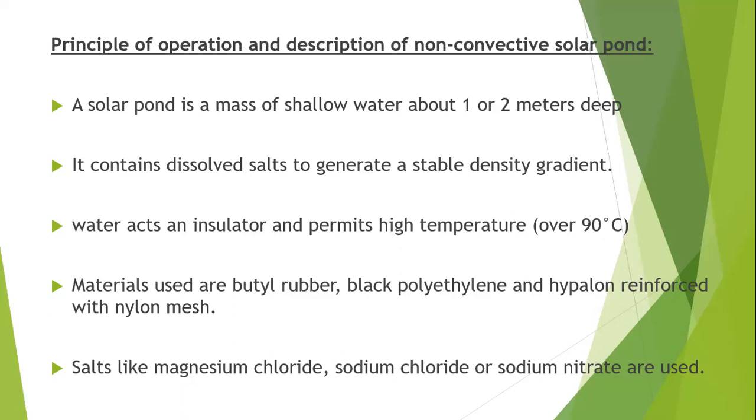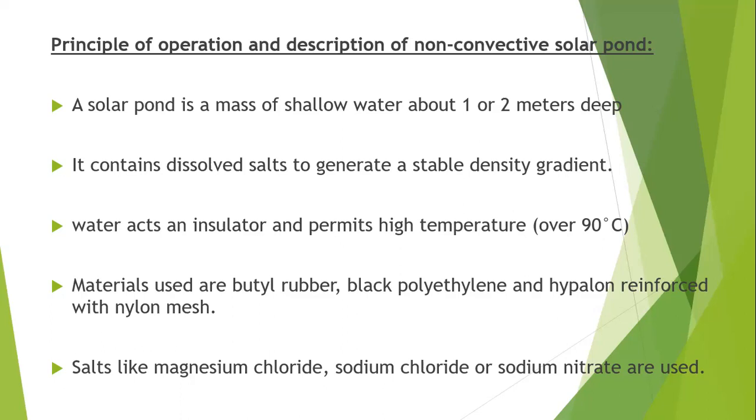So this is a thick liner, not a thin liner. The salts used are magnesium chloride, sodium chloride or sodium nitrate. These are dissolved in water and the concentration varies, about 20 to 30% at the bottom, and almost zero at the top.